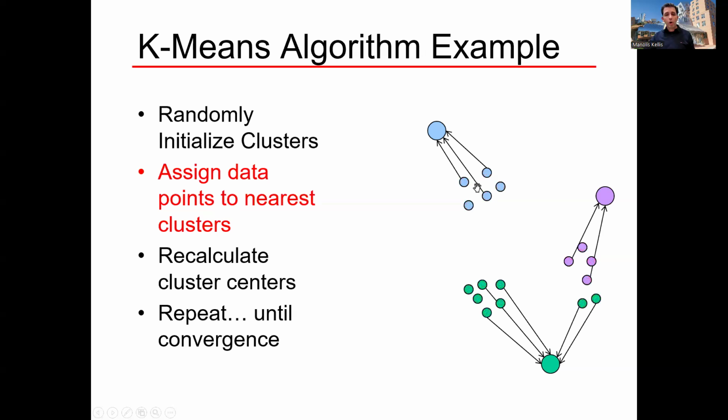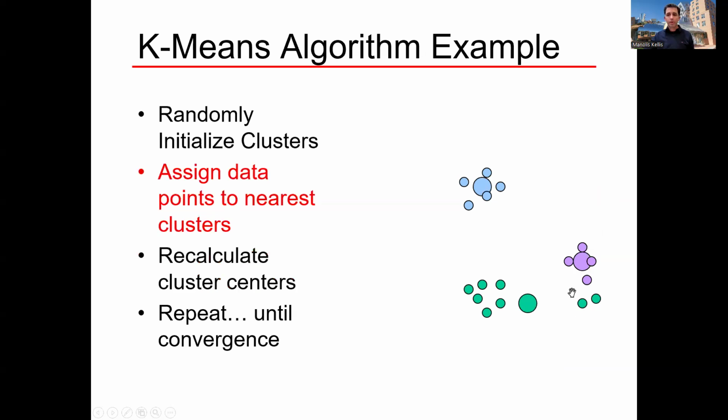Then I'm going to color the points based on that nearest cluster. And then I'm going to recalculate the cluster centers. I'm going to move the clusters to the center of gravity of the points that are assigned to those clusters. Notice what's happening here. The green centroid gets moved somewhere to that average. But because I had the purple point here capturing some of those, we'll see what happens at the next iteration.